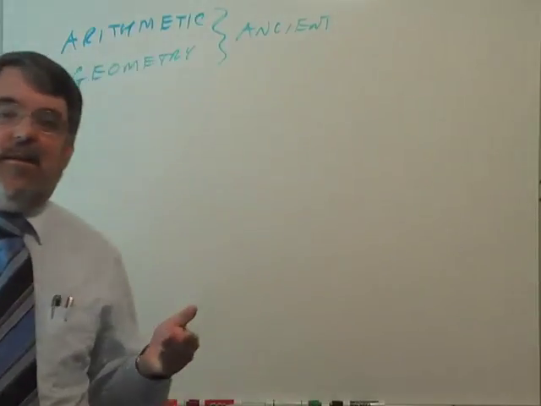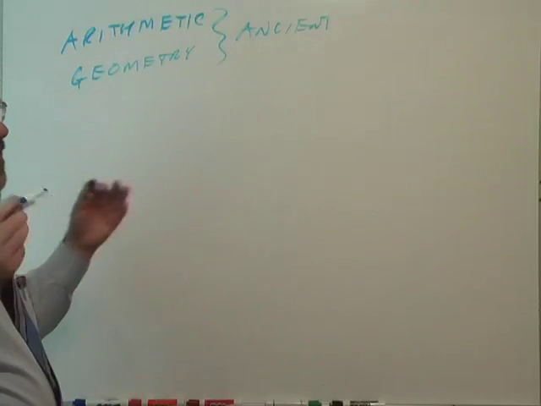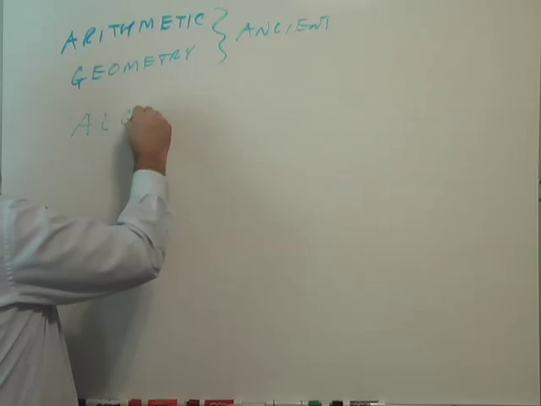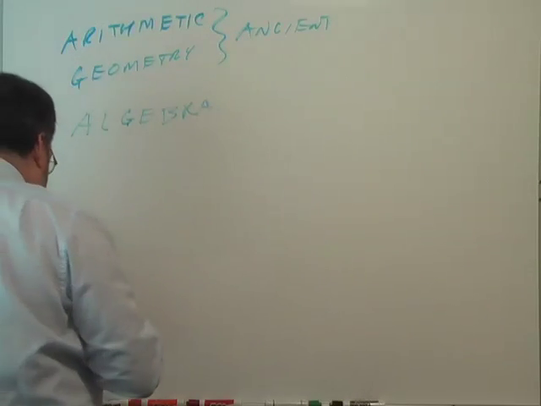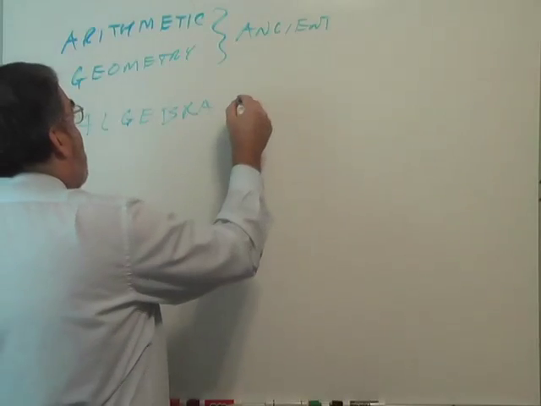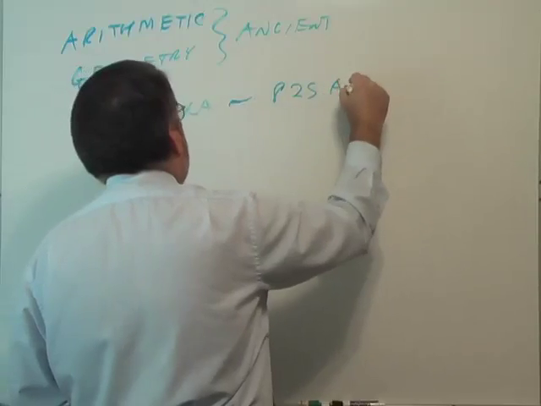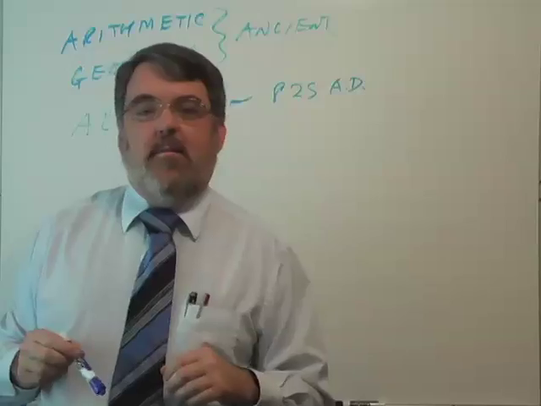And then around 825 AD is when algebra is generally conceded to have gotten off the ground. So algebra, which is of course what you're studying in this course, dates to approximately 825 AD. It flourished in the Persian world.